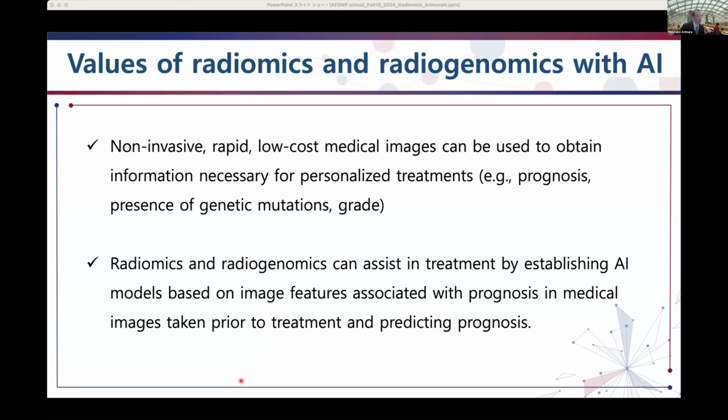That's why I proposed other features, because the conventional radiomics features have a vulnerability, very unstable. So that's why I try to search for other features like topology.